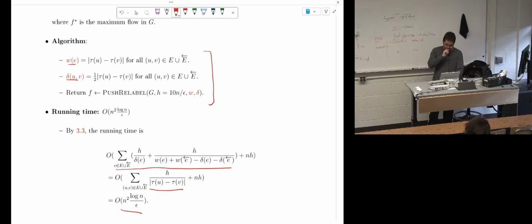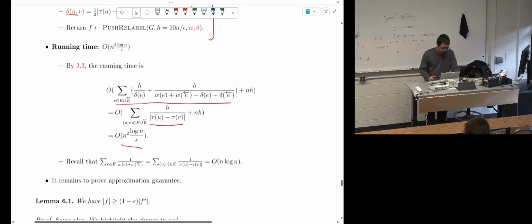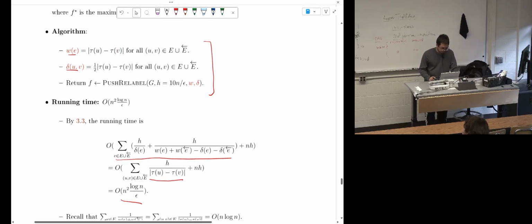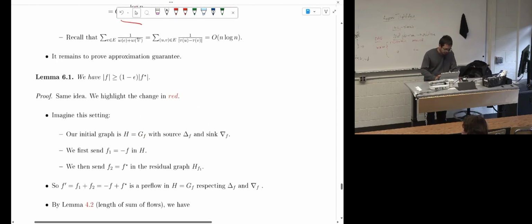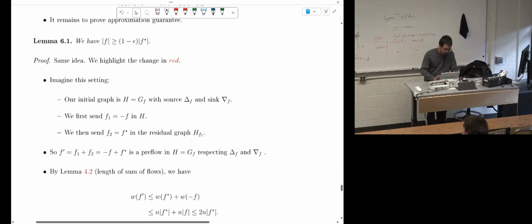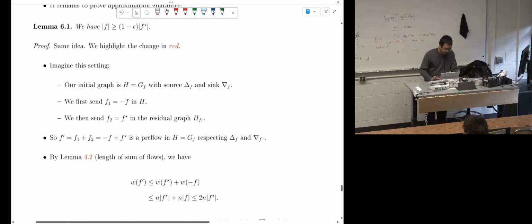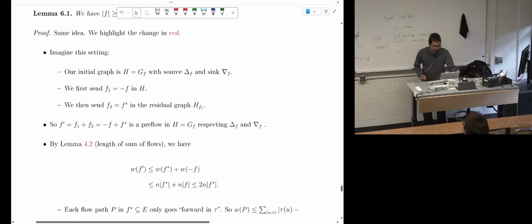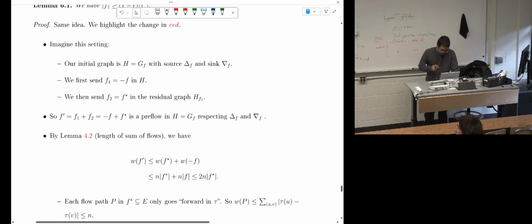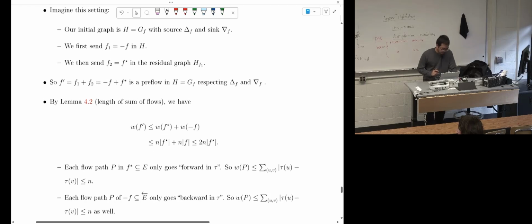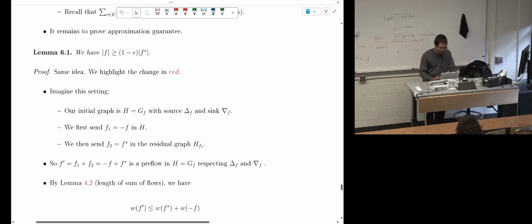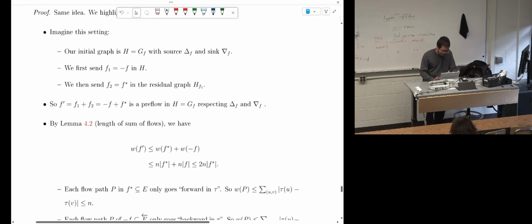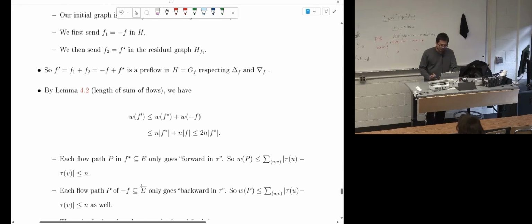Okay. What about the correctness? The correctness, I basically use the same proof, but now I exploit that the graph is a DAG in a more essential way actually.